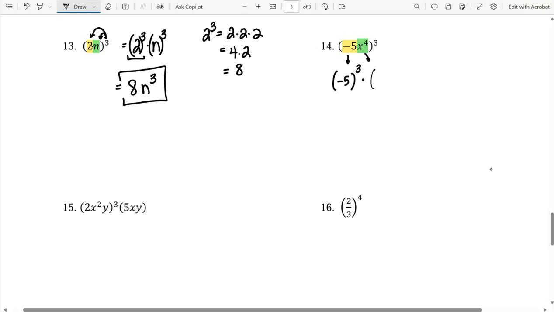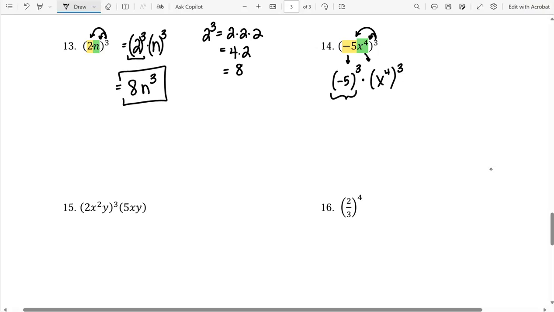My second base already has an x to the 4th, a 4 exponent. Now I'm bringing in a cube. So this is the first time we're going to see two exponent rules in one. Not only did I distribute that exponent, I now have a double exponent to have to deal with.